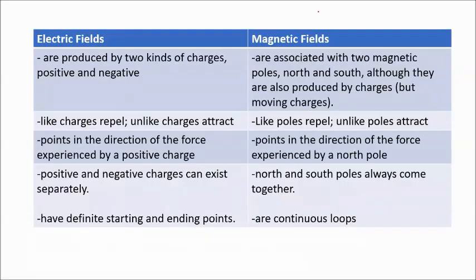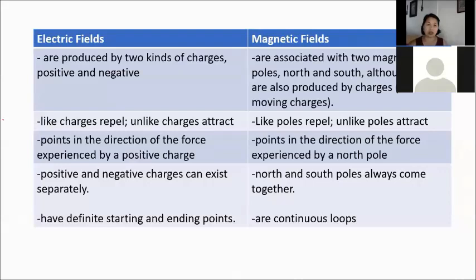Now let us compare electric field and magnetic field. Electric fields are produced by two kinds of charges, positive and negative, while magnetic fields are associated with two magnetic poles, north and south, although they are also produced by charges, but moving charges. In electric fields, like charges repel and unlike charges attract.